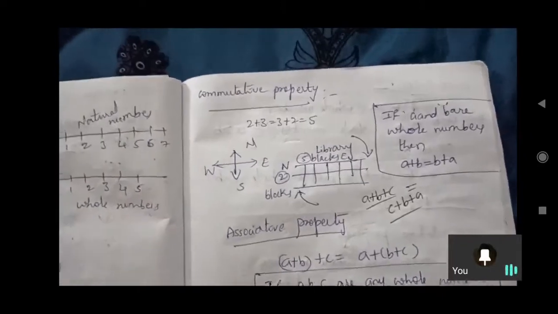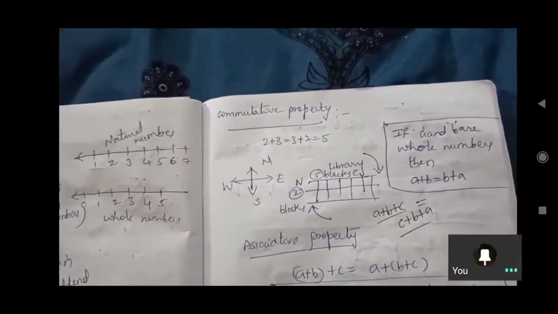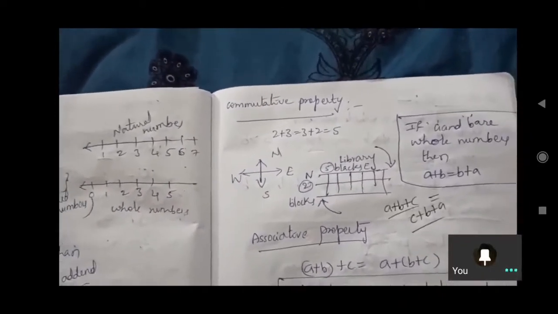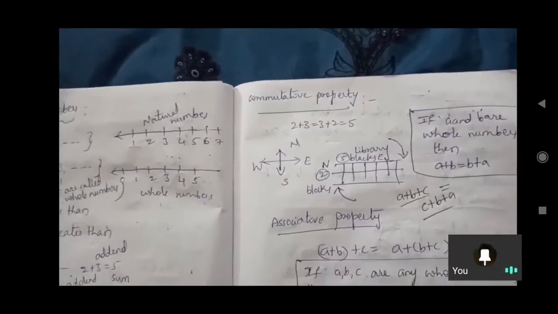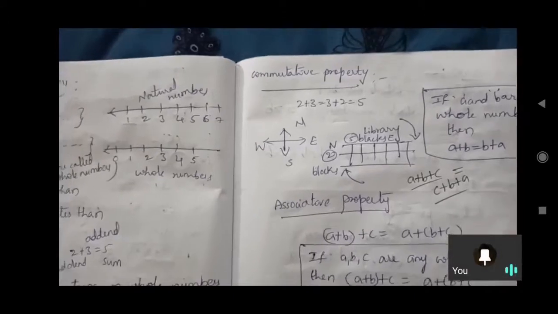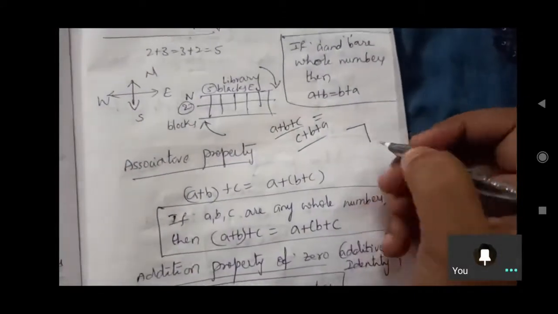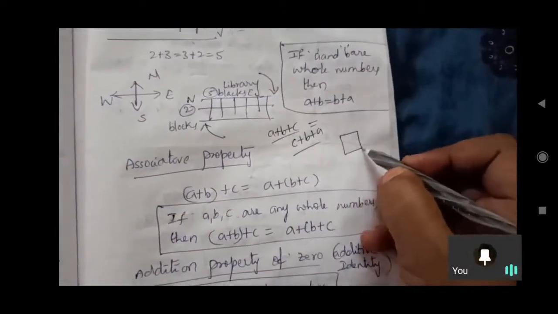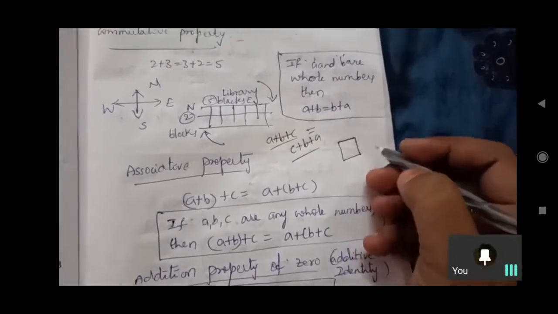For example, east to west, if we consider a route, or right to left and left to right, if we want to reach a certain distance in this manner, consider a rectangular distance.